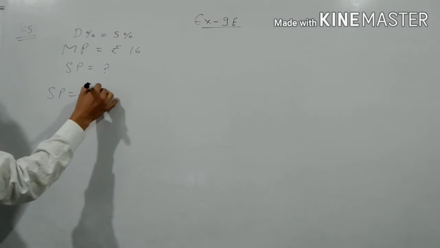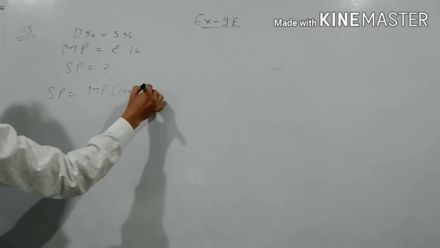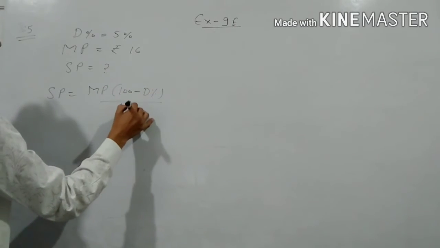Selling price is MP into (100 minus discount percent) upon 100.